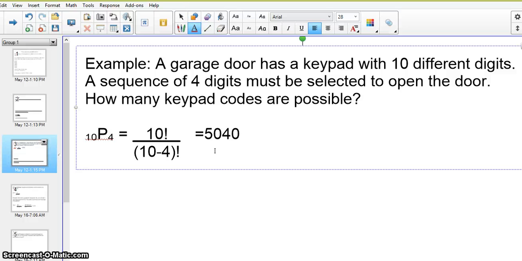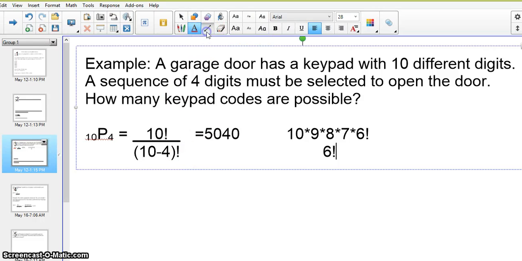So basically what you'll do is you'll rewrite it as if you were going to do this manually. So 10 times 9 times 8 times 7 times 6 factorial. We're going to stop at 6 factorial because the denominator of this function is 6 factorial. 10 minus 4 is 6.